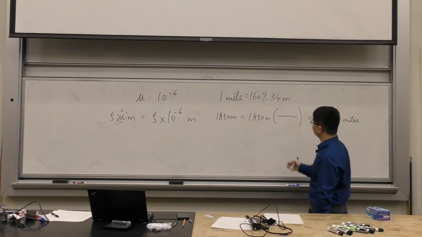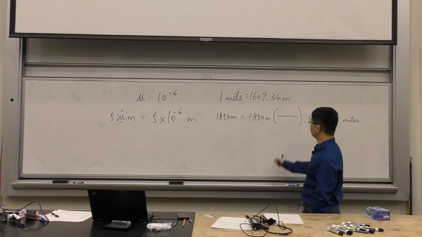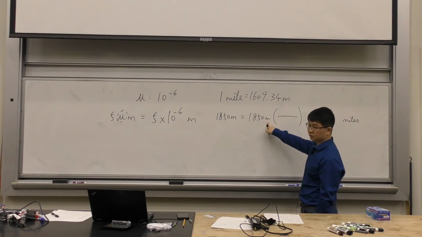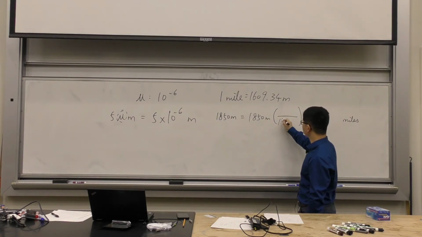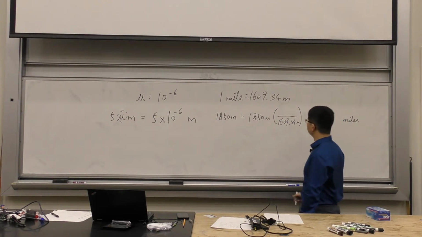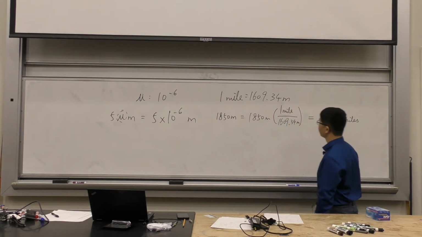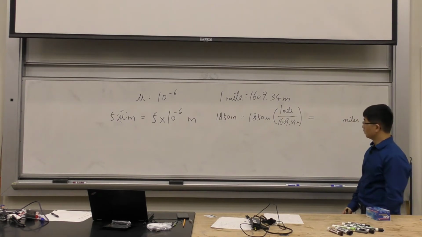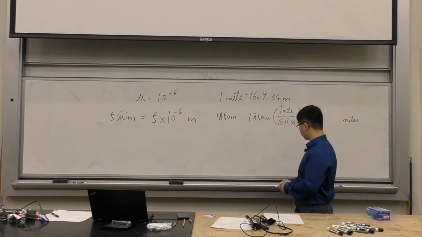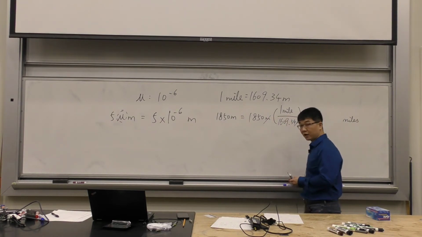So which one is going to go to the top, which one is going to go to the bottom? Well, you want to cancel meters, so I would have to put this number with meters at the bottom. And then 1 mile goes to the top, becomes the numerator. If you only take a look at these three units, meters and meters cancel, you will only have miles at the end.